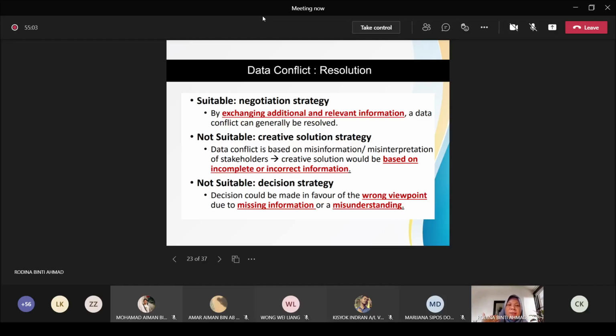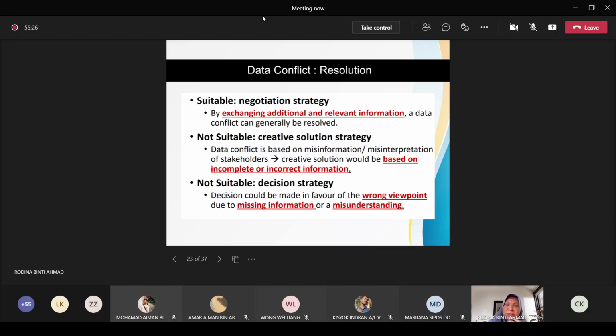So a creative solution in this case is said to be not so suitable to handle data conflict. And we said that decision strategy is not suitable unless there is no other way out. A decision could be made in favor of the wrong viewpoint due to missing information or misunderstanding.